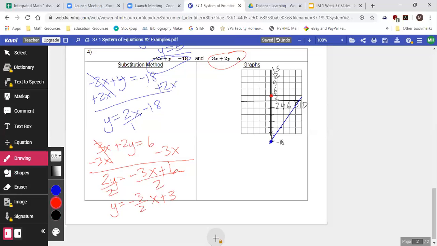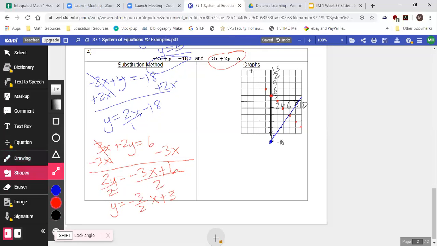So down 3 over 2, down 3 over 2, and so forth. And then up 3 and over 2 to the left. And then connect my points. And we should have a graph that looks something like that.